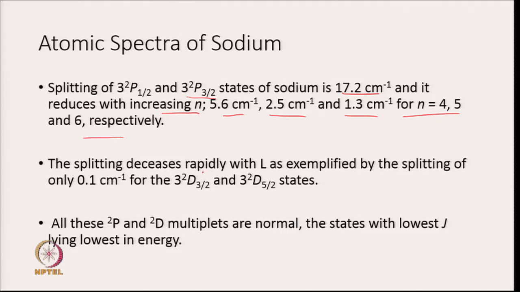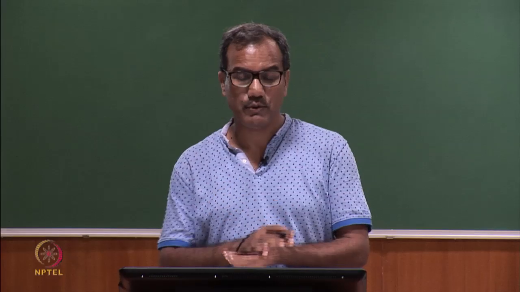The splitting decreases rapidly with L, as exemplified by the splitting of only 0.1 centimeter inverse for the 3 2D 3/2 and 3 2D 5/2 states. So, here the splitting is very small compared to the splitting between 3 2P 1/2 and 3 2P 3/2 states.